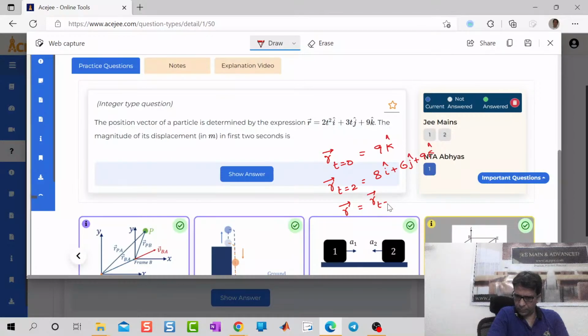So 8 i cap plus 6 j cap? Yes, that's it. That's simple and straightforward.